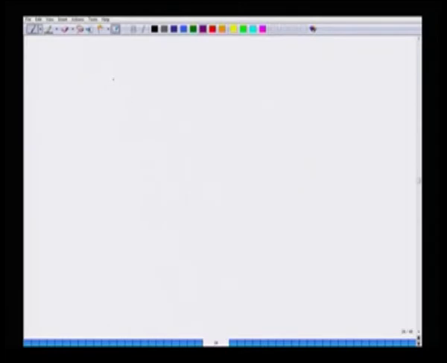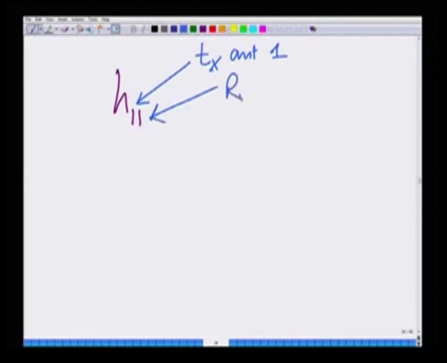In fact, if you look at H11, that is transmit antenna 1 and receive antenna 1. H21 is, I am sorry, this has to be the other way around.